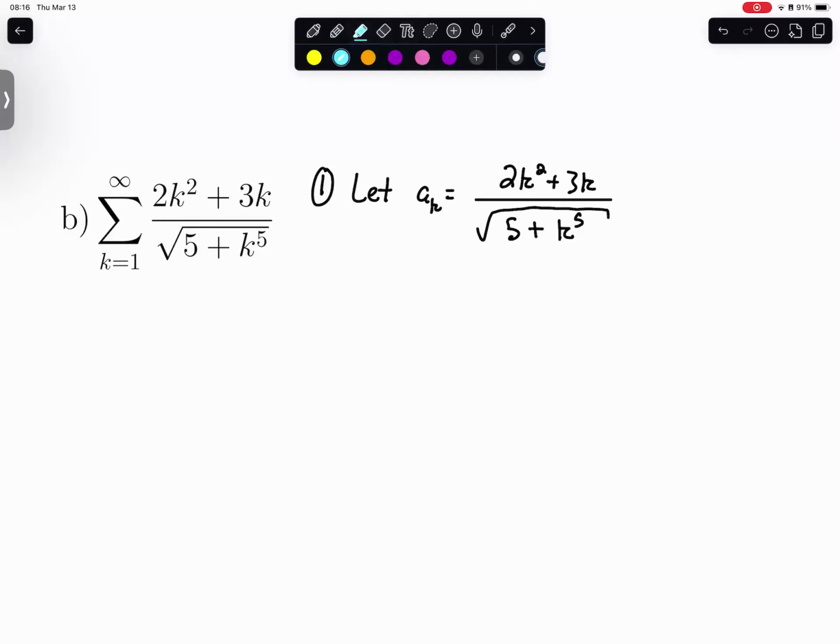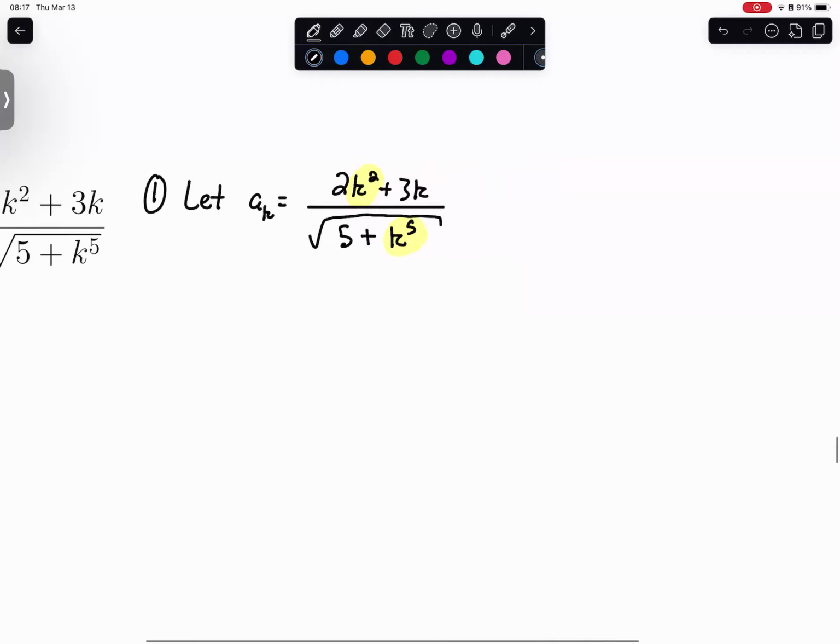Now, typically, we'd use the highest power in our numerator and our denominator. I have that k squared in the numerator. And my highest power in the denominator is that k to the fifth, but notice it's inside of a square root.